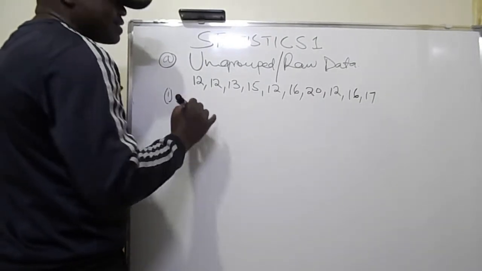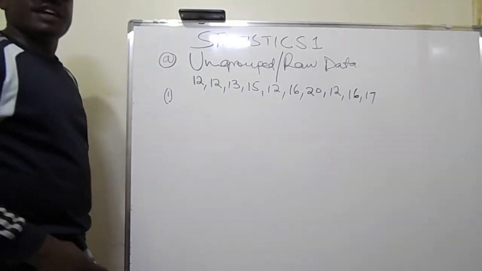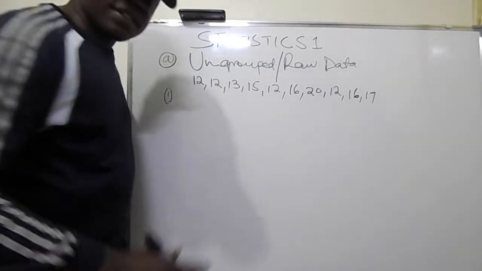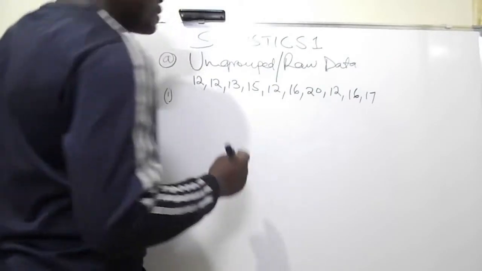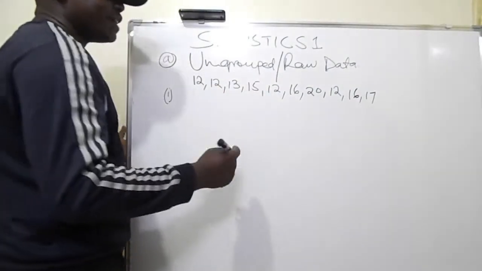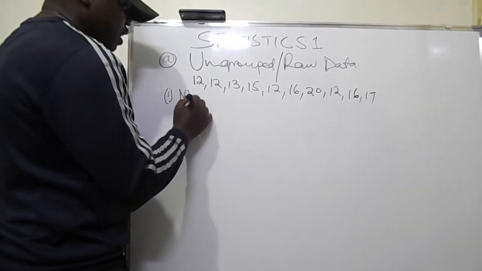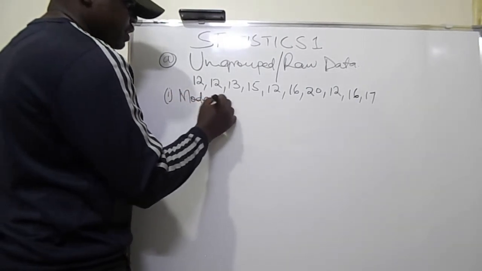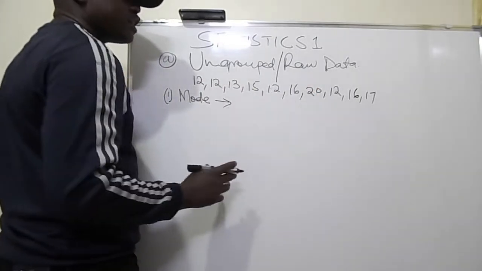So the first question that you can be asked in this set of data is to calculate the mode. How do you calculate the mode in this set of data?